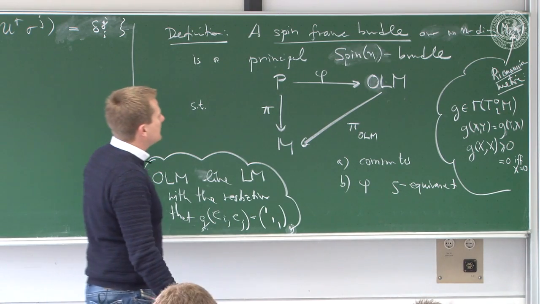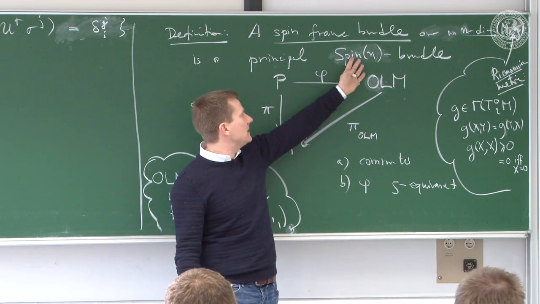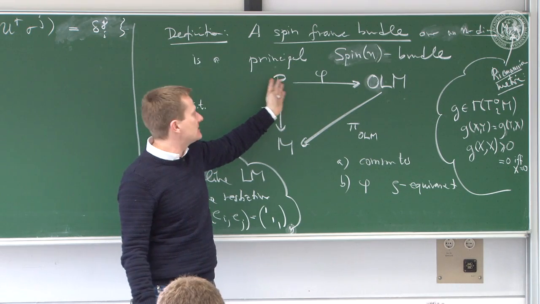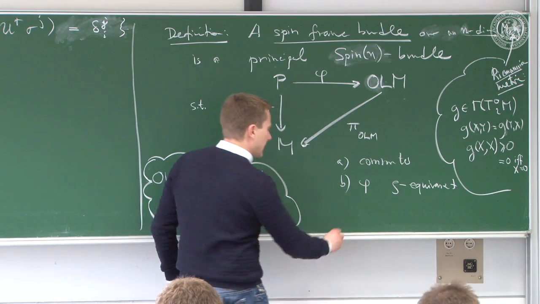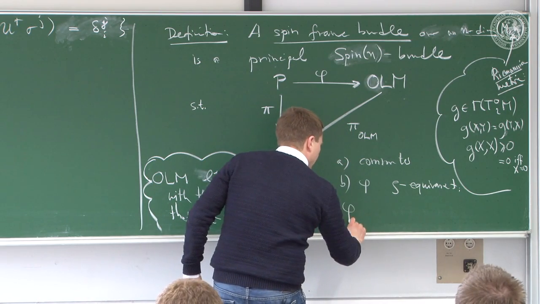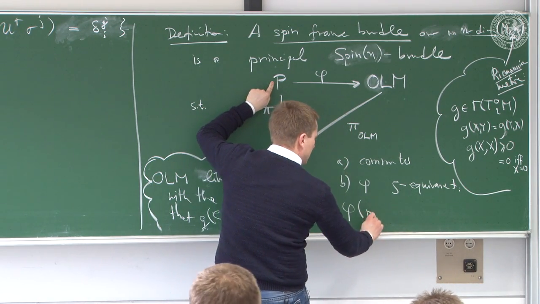You see, if I now want an equivariance condition, I have a group here. The group can act on the total space, and I act on the total space with phi. So I can take phi and apply it to a point P in here.